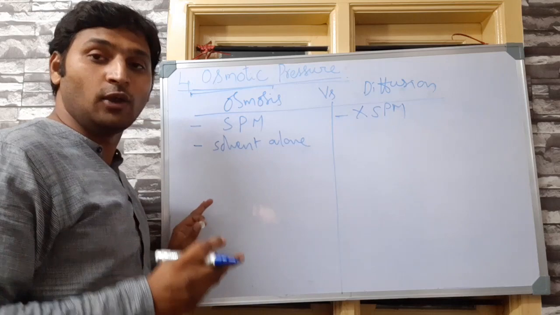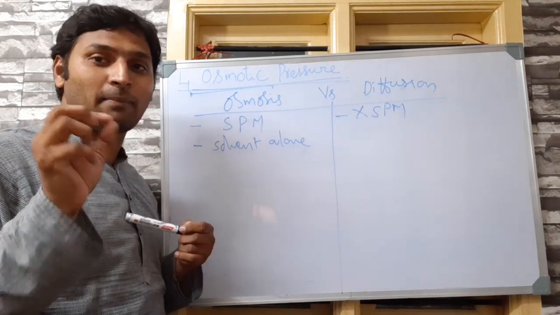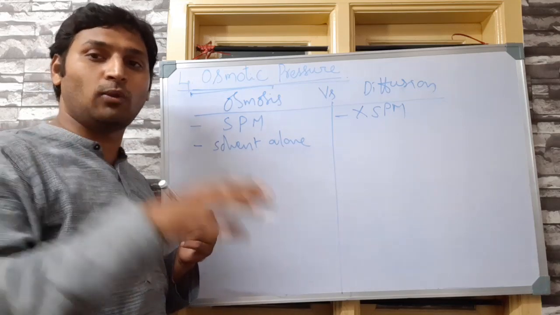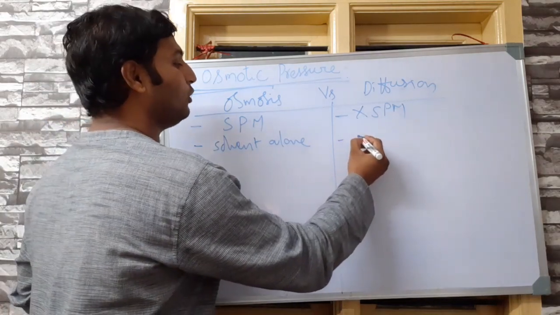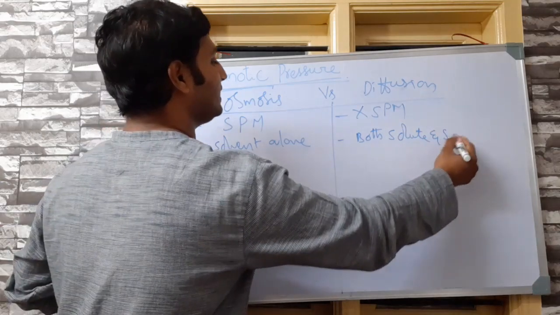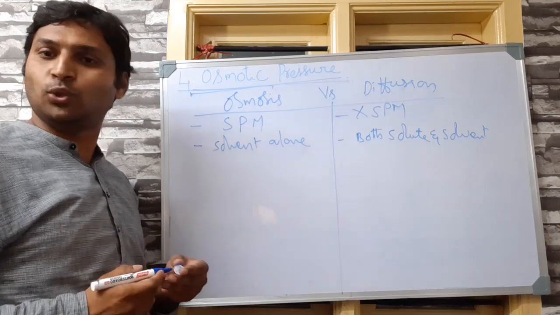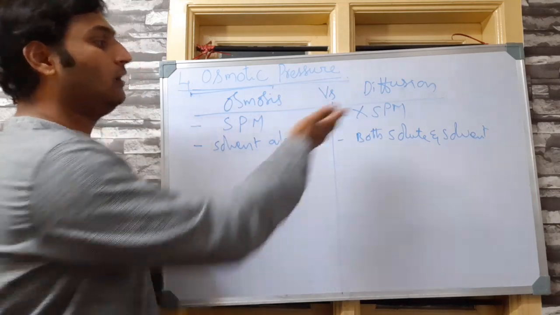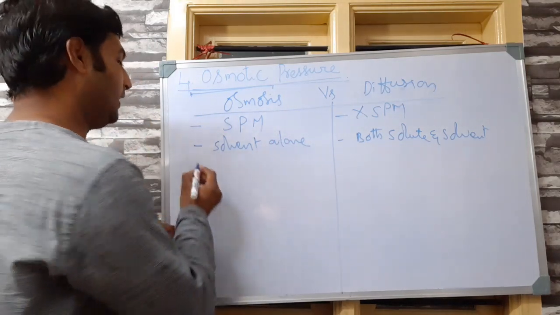So in osmosis, we see flow of solvent alone because of the very nature of the semi-permeable membrane. It does not allow everything to pass through it. So it allows only solvent molecules to pass through it, not solute molecules. Whereas diffusion involves both solute and solvent. As in this ink example, water diffuses into ink, ink diffuses into water. They diffuse into each other and mix up. That's why you can say diffusion involves both solute and solvent.